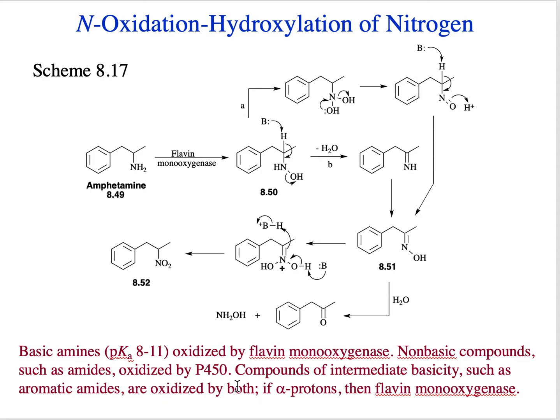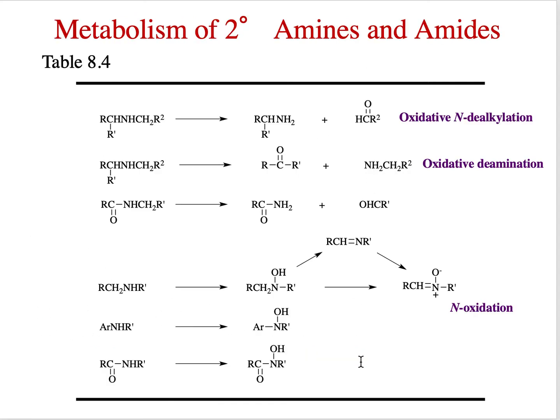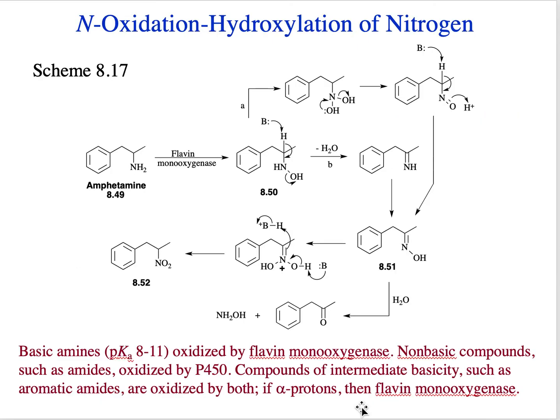Typically basic amines are going to be oxidized by flavin, like it says here. Non-basic, such as amides, those are going to be cytochrome P450. But if it's an aromatic amide, it could be both, alpha protons or flavin. So this is a good bit of information here in red to give you a picture of the different specificities between the enzymes.